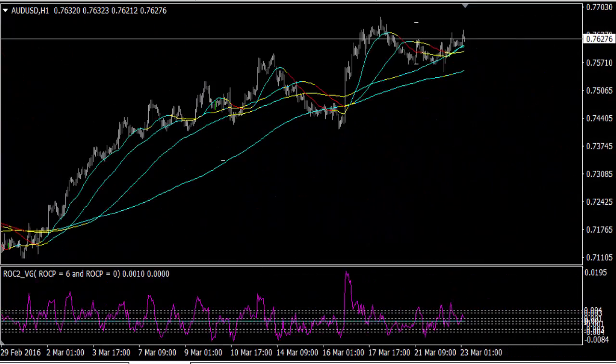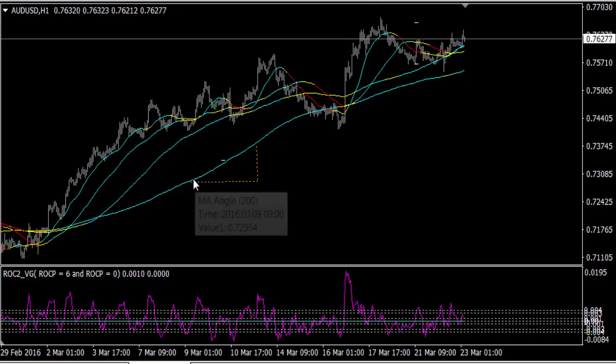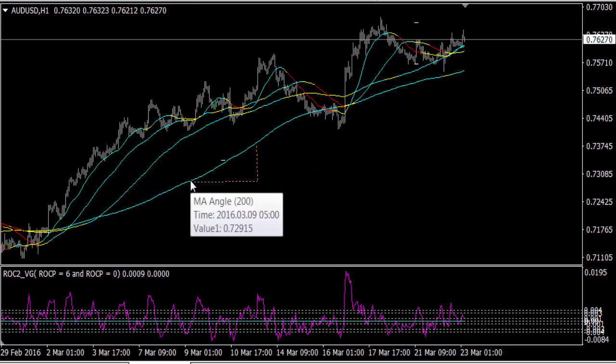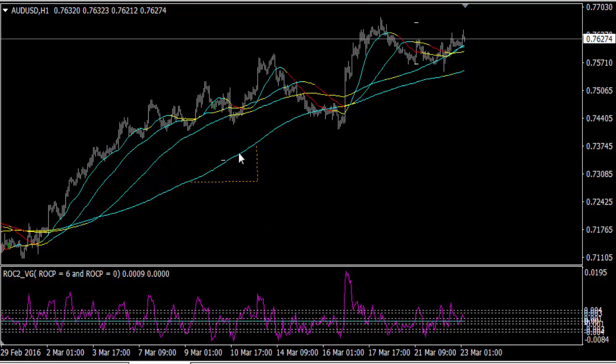What I've got here is an indicator which is a moving average angle. So for an example here, if we take an x-axis and then a y-axis, right, we're looking at the steepness of the moving average from this point to this point, and if it's steeper than a certain amount, then it will change colour.